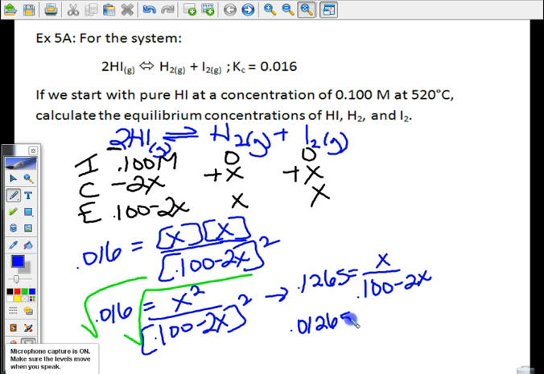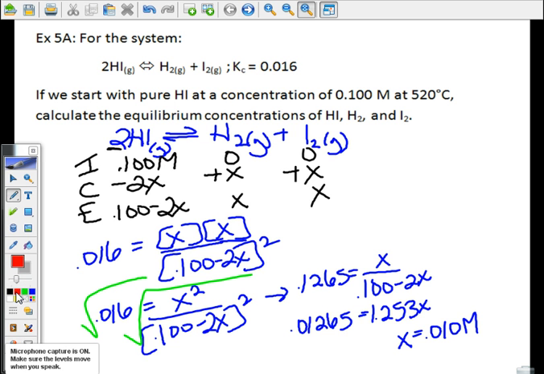I don't think you're going to make the mistakes on the ICE chart. You're going to make the mistakes on working it out. X is going to be 0.010 molar. But is that the answer? No. What does the question ask for?